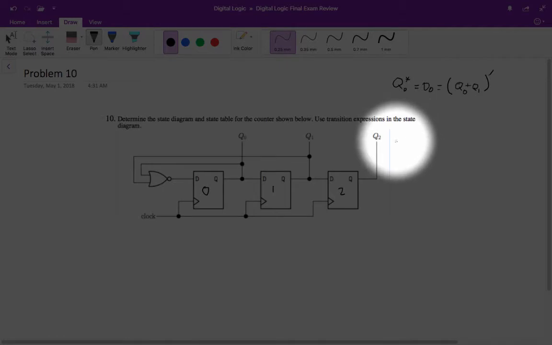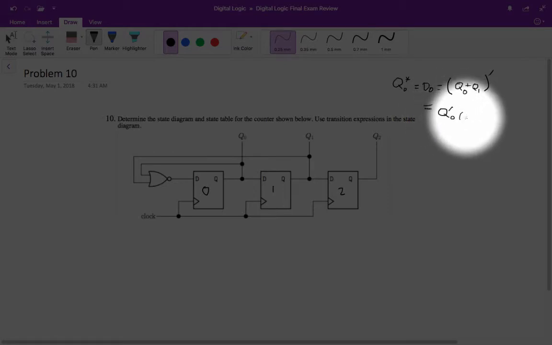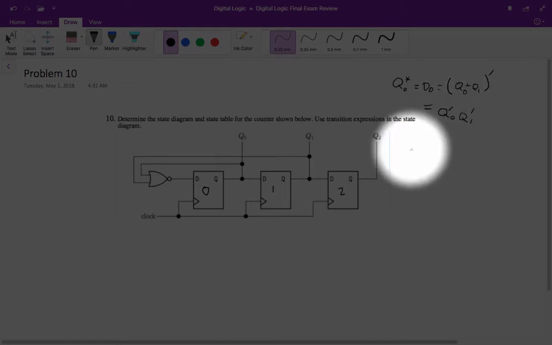And the not of the OR is the AND of the nots, so that's equal to Q0 prime, Q1 prime. So that's Q0 next.